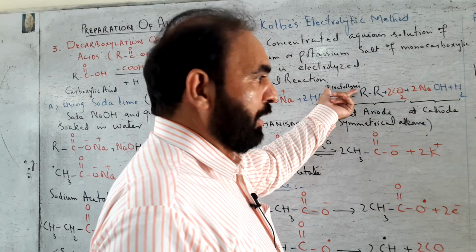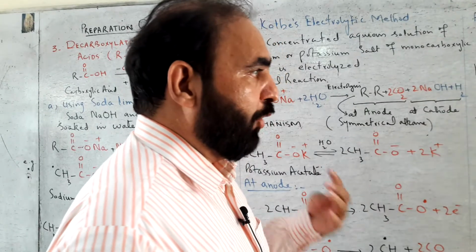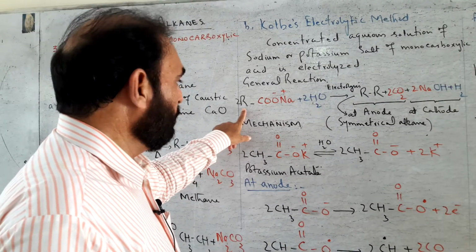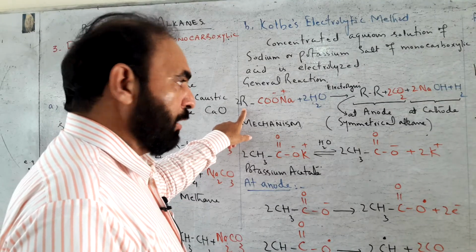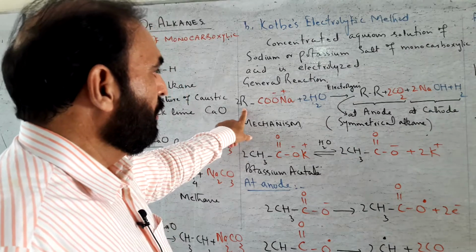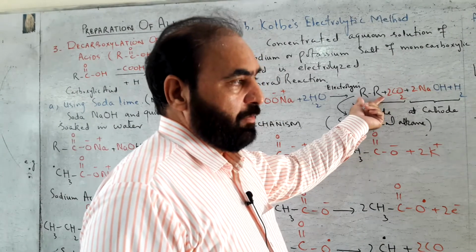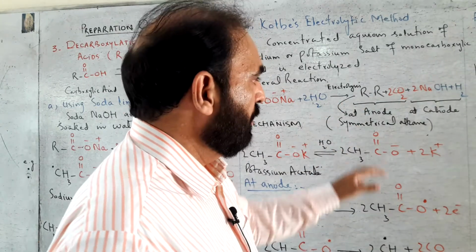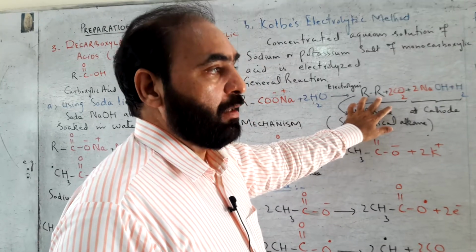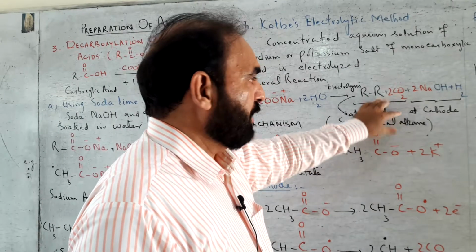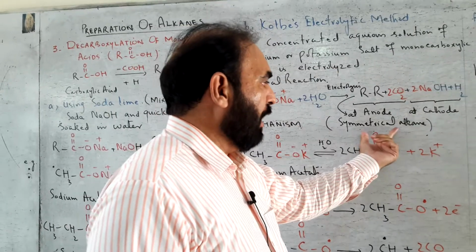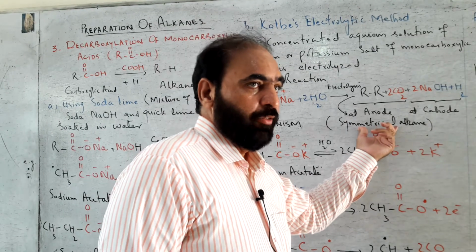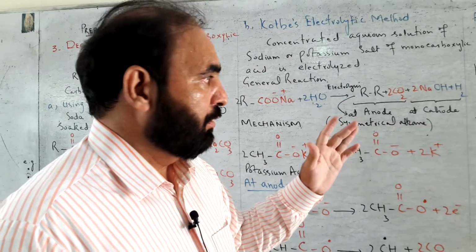On electrolysis, we get 4 products. 2 are from the 2 moles of monocarboxylic acid salt, which get combined with each other, and we obtain an alkane having formula R-R. Such an alkane is called a symmetrical alkane, an alkane with 2 equal parts.